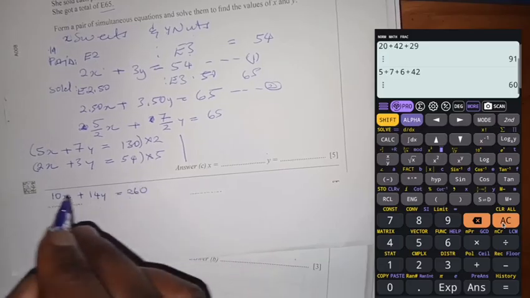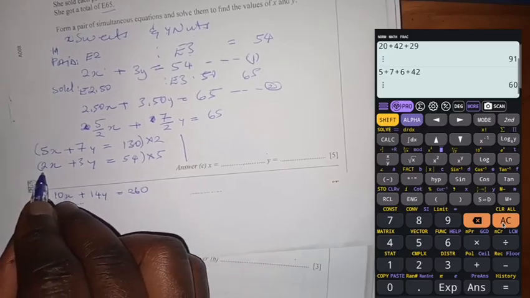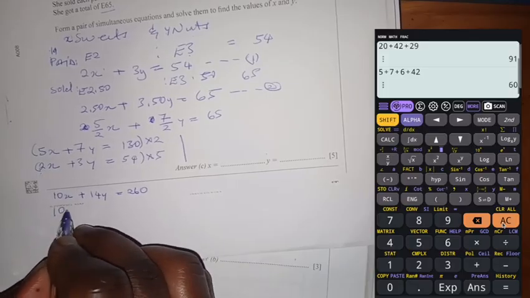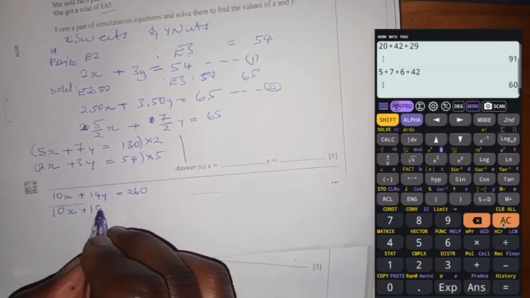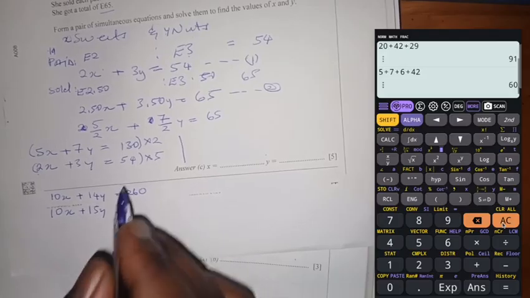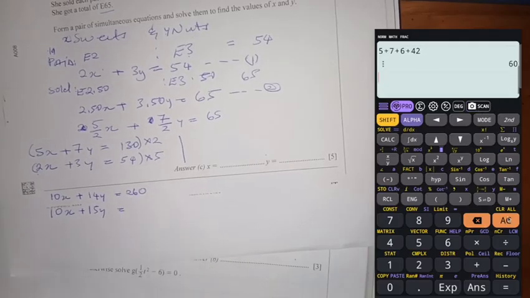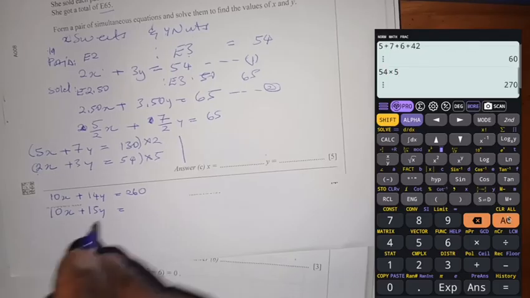Then the next one, 5 times 2, that's 10x, plus 5 times 3, that's 15y, equals 54 times 5, that's 270.